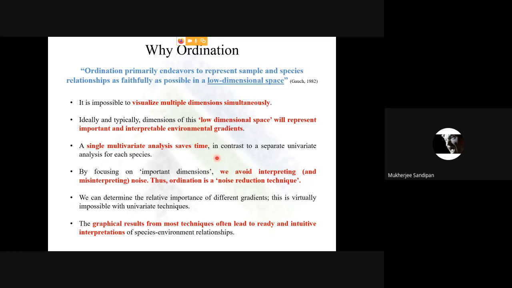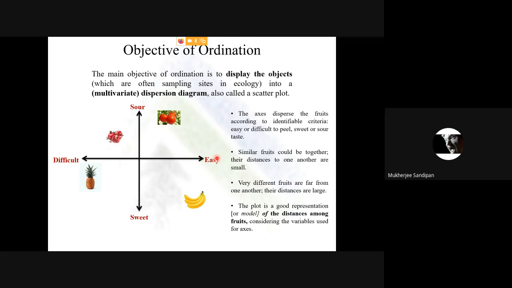It is also easier for interpretation. The graphical results from most techniques often lead to ready and intuitive interpretations. When you have easily interpretable graphics with you, you can use that data very easily.